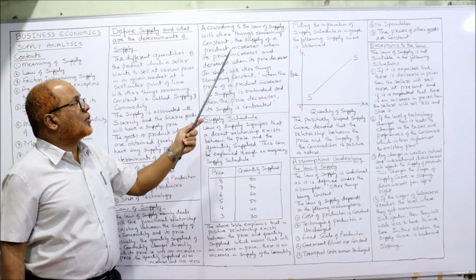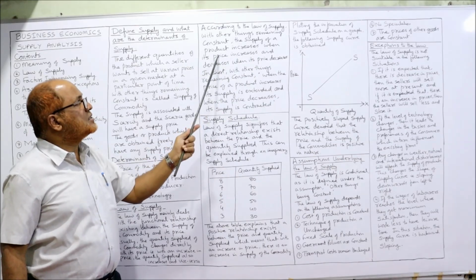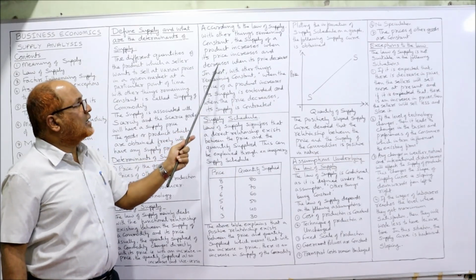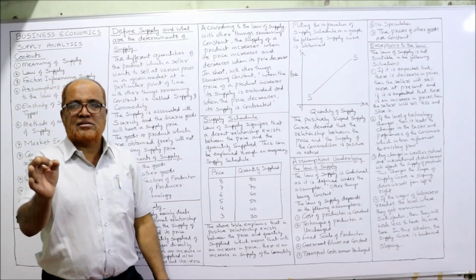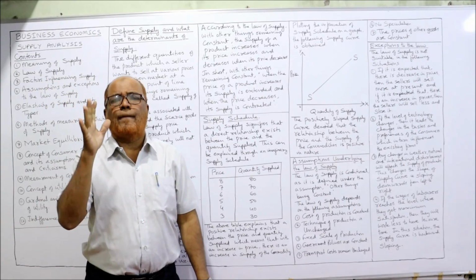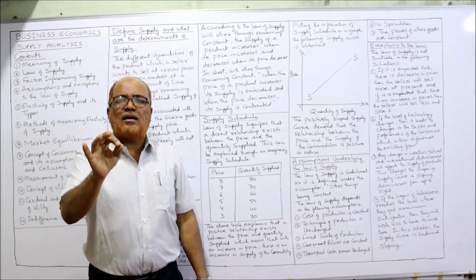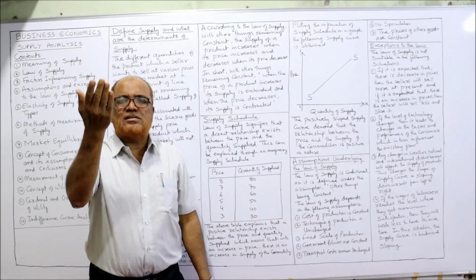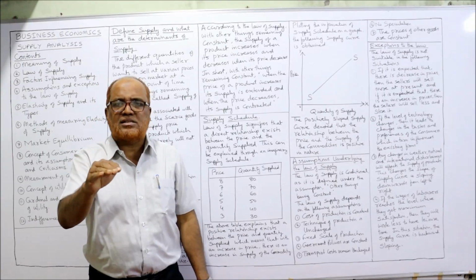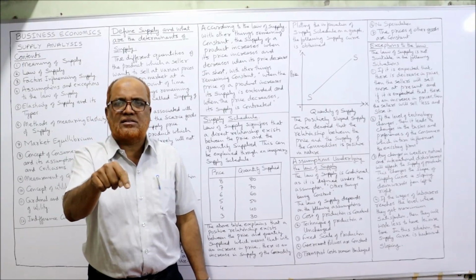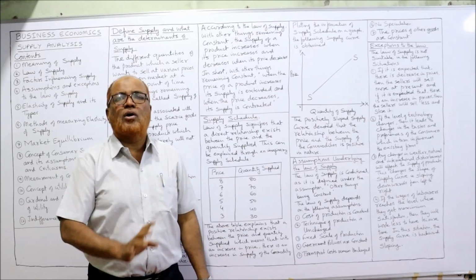So law of supply says other things remaining constant, the supply of a product increases when its price increases and decreases when its price decreases. Very simple law. According to the law of supply, the supply increases when the price increases. The supply decreases when the price decreases.